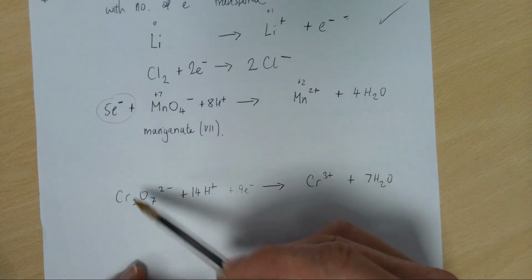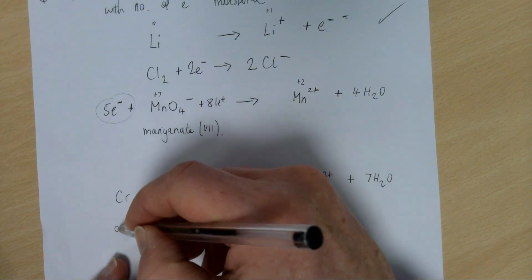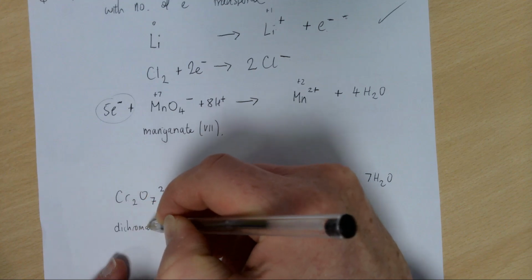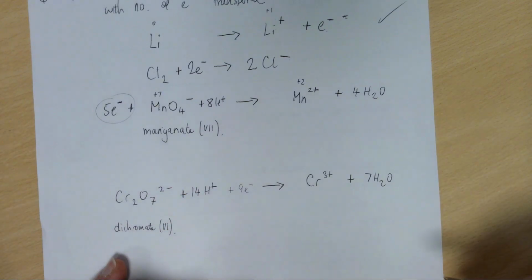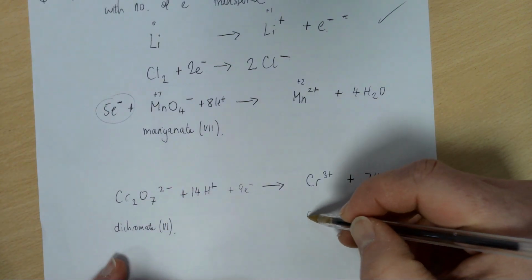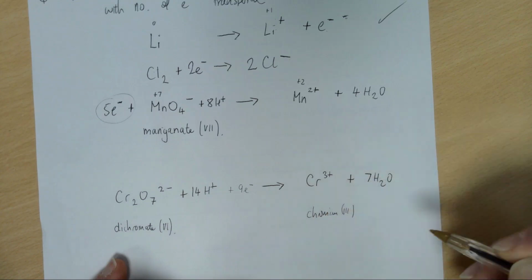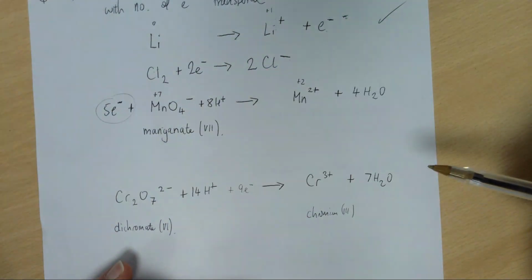Right, so what's the oxidation number of the chromium? It's dichromate 6, yeah, that's right. And this is chromium 3.